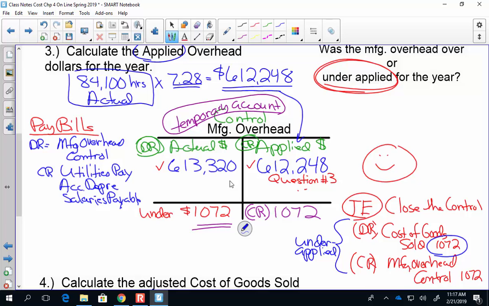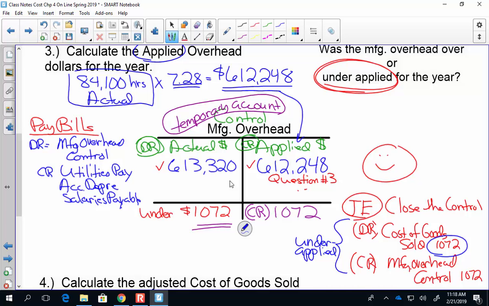I'm using our predetermined rate. And remember, I'm crediting that account, this manufacturing overhead account, which is a temporary account. So the journal entry is, basically, I'm debiting the WIP. For the applied dollars, I'm crediting manufacturing overhead for that same amount.